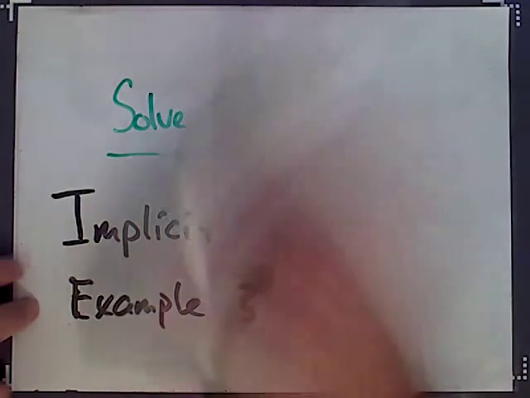In this video I'm going to give another example of using implicit differentiation, and it's used, in this case, to prove a fact which, after some thought, is somewhat intuitive.